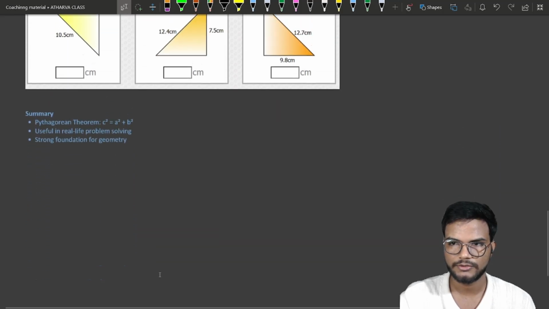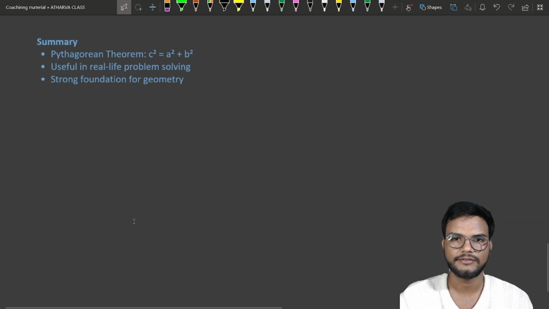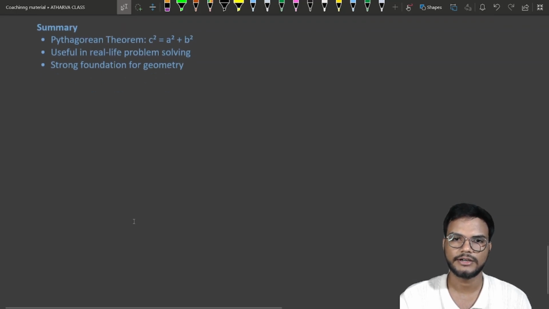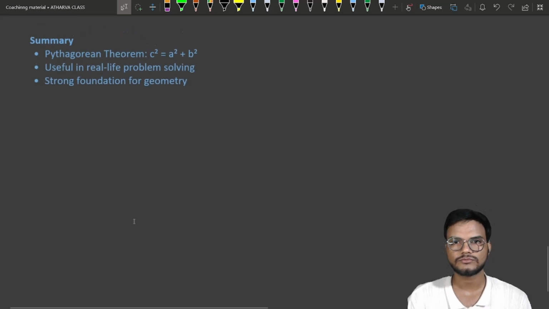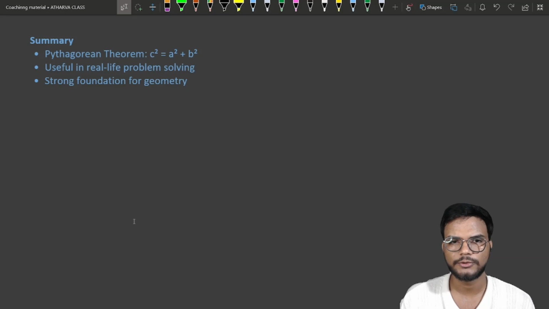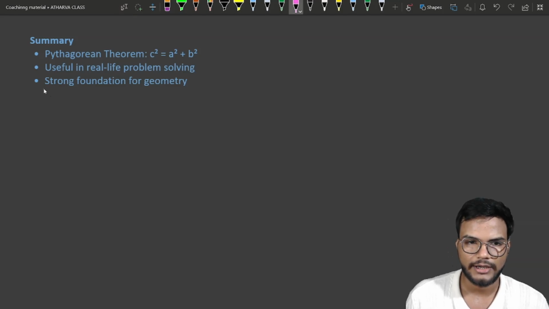Now let's go towards the summary. What summary are we going to have? Can you recap all the things? Yeah, so we have covered the Pythagorean theorem, which is c square equals a square plus b square, and it is useful in real life problems like architecture and navigation, and in designing and robotics.